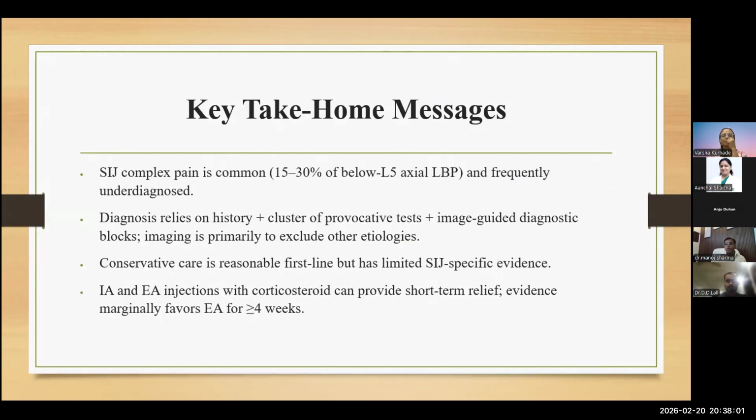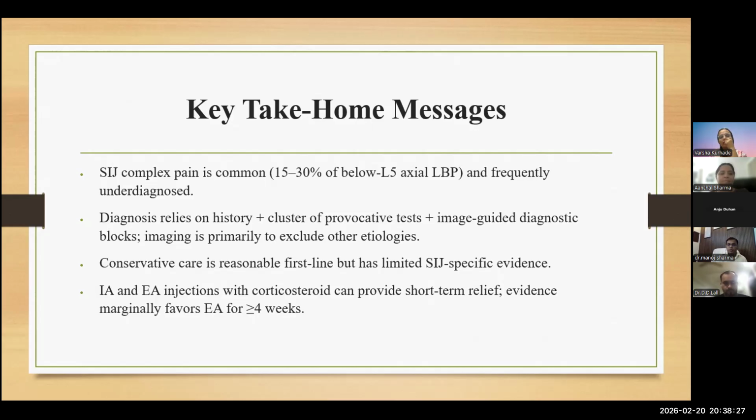This SIJ complex pain is common, 15 to 30% in low back pain patients, and frequently it is misdiagnosed. Diagnosis can be done on history, with provocation tests and image guided diagnostic tests. Conservative care is reasonably first line, but limited SIJ specific evidence is there.